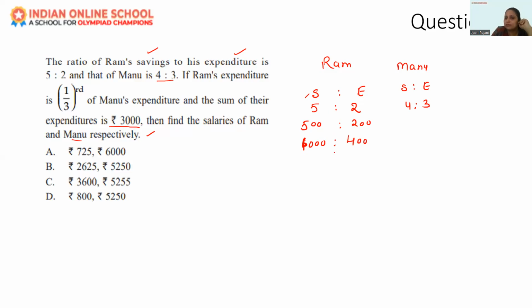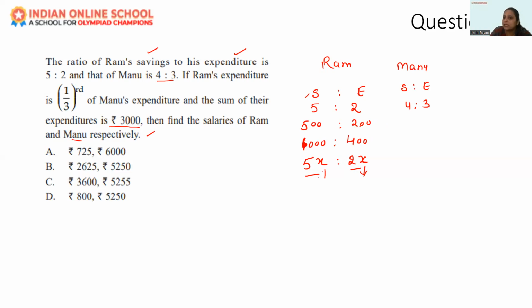Whenever I solve them, it will give the ratio 5:2. So if savings are 5x, then expenditure will be 2x, because we don't know the exact value right now. Here I have to take a constant of proportionality, but I'm not supposed to reuse x for Manu, because that would be the same thing.